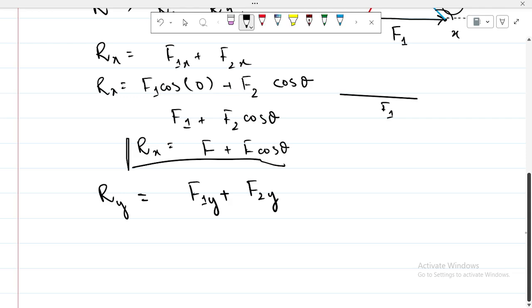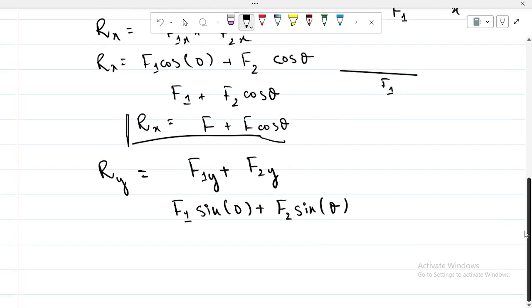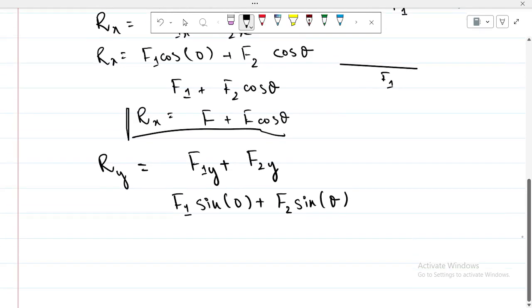But we can write it as F1, and we know the y component is written with sine, so this is F1 sine 0 plus F2 sine theta. Theta is again the same unknown that we mean to find. We already know sine 0 is 0.